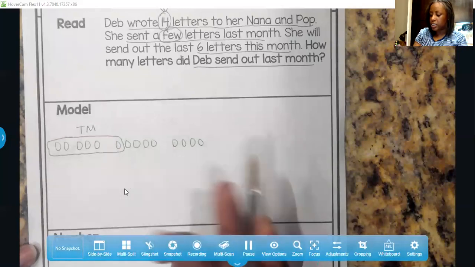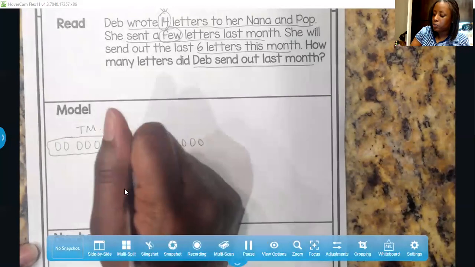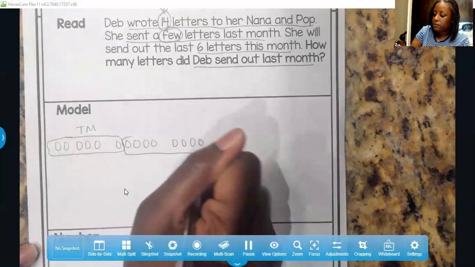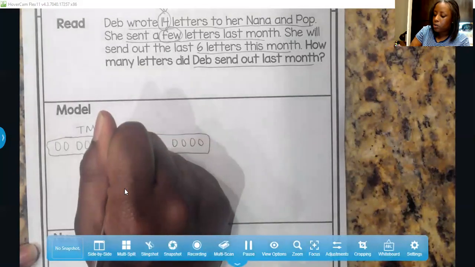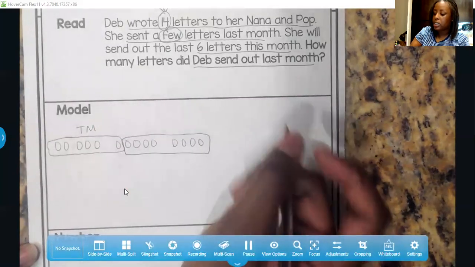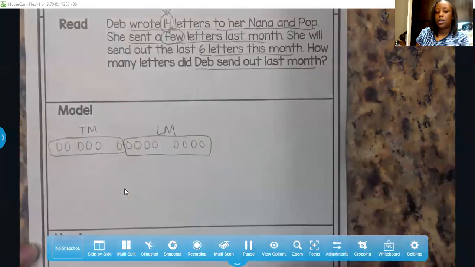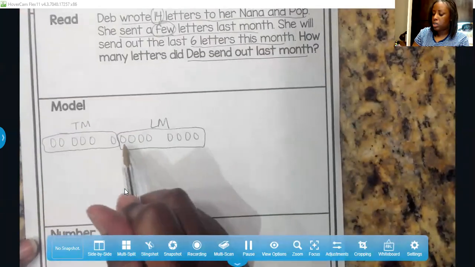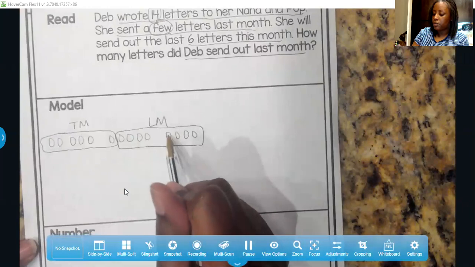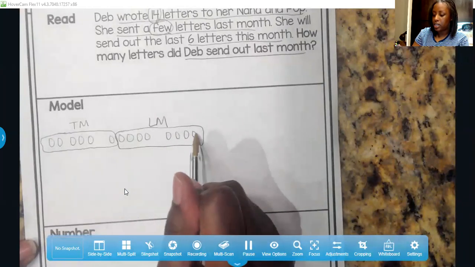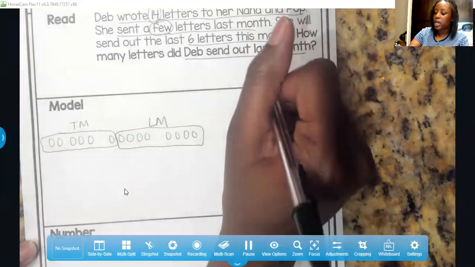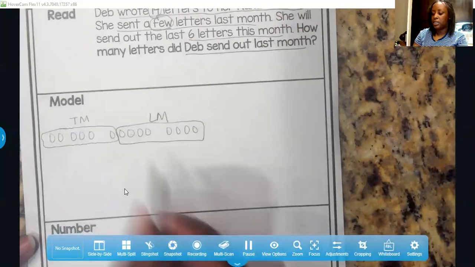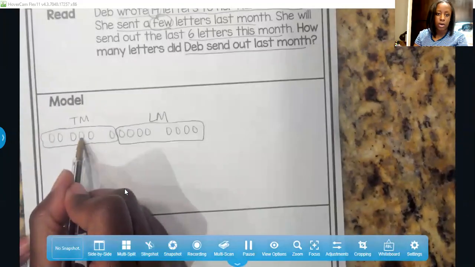So I'm going to finish it by labeling the rest of these for what Deb sent last month. She sent 1, 2, 3, 4, 5, 6, 7, 8. So now we know that she sent 8 letters last month, because that's what's left after we take out what she sent this month.